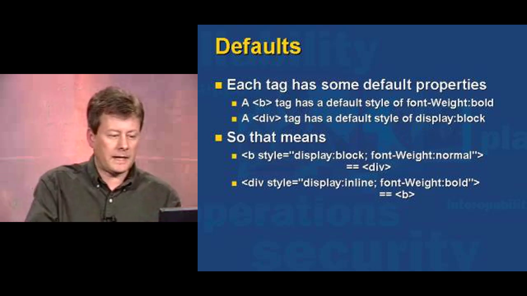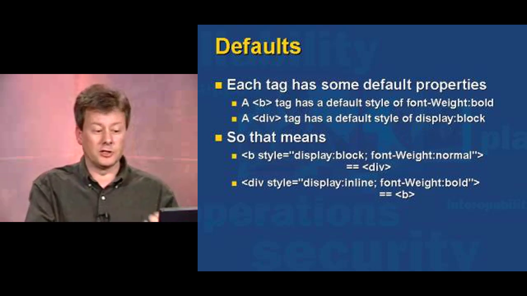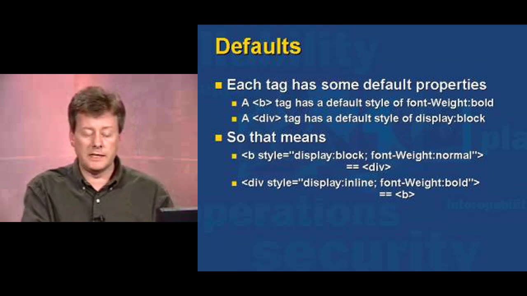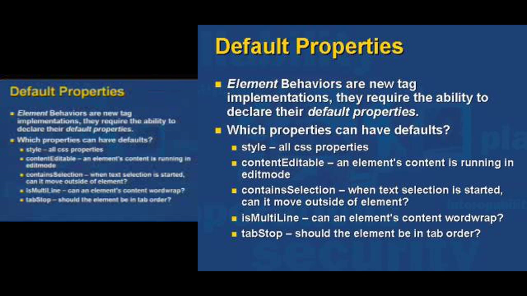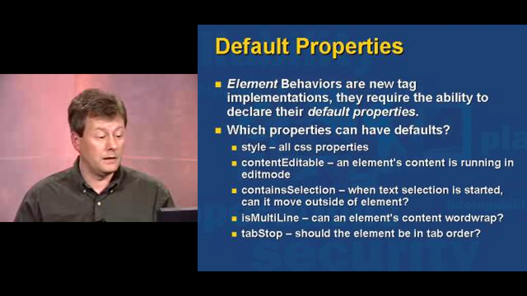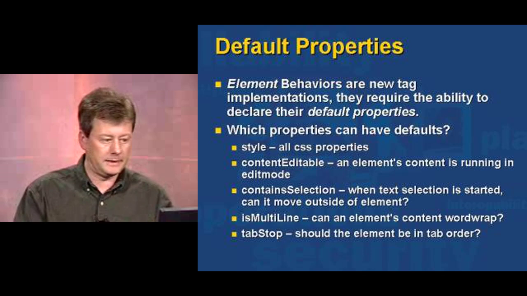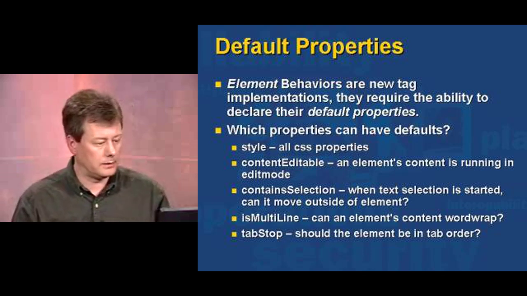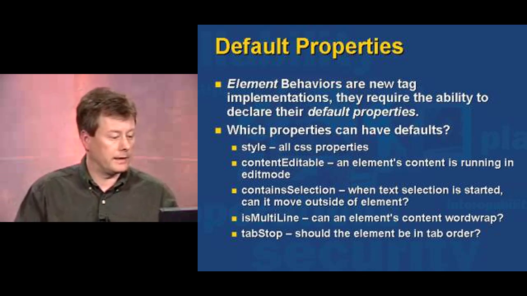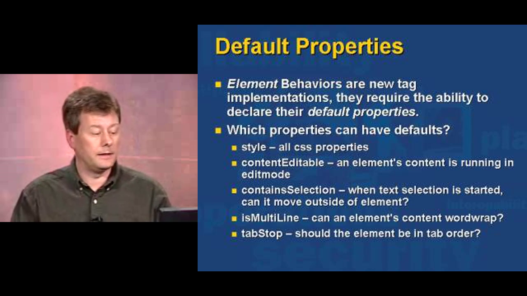Once you understand that these are just default properties that can be overridden in the main document, we see that it's interesting as an element behavior to be able to define your own defaults as well. All the CSS properties can be defined as default properties. There's something called content editable that I'll discuss in a little while, but also things like contain selection, is multi-line, and is tab stop.